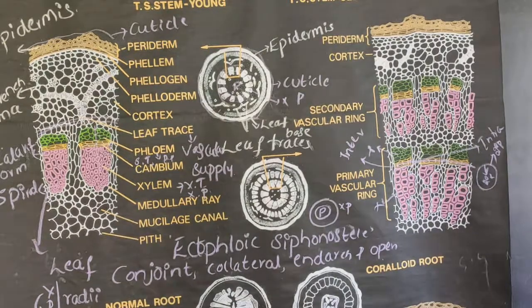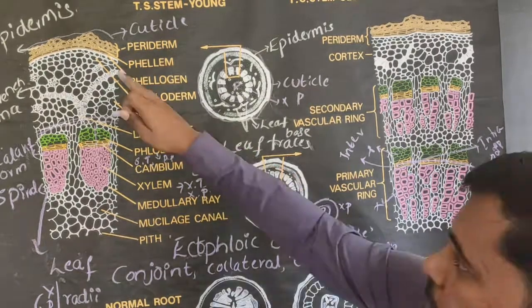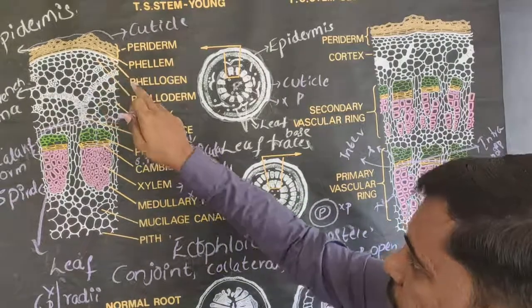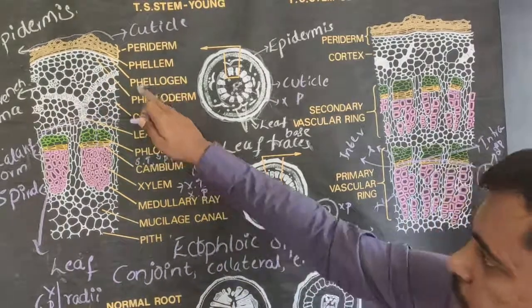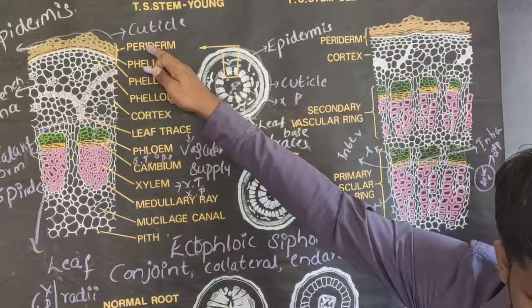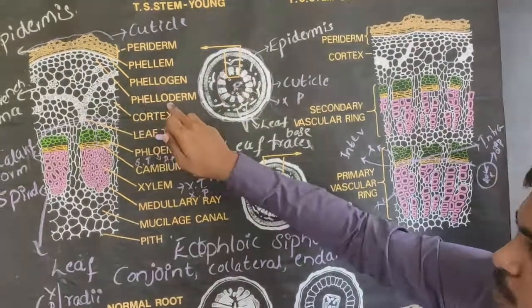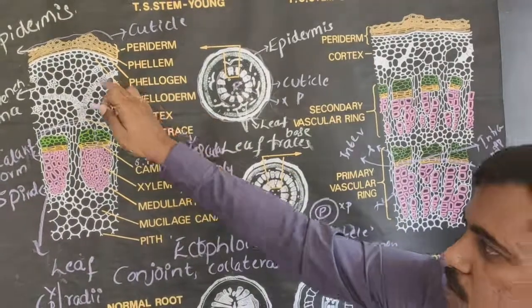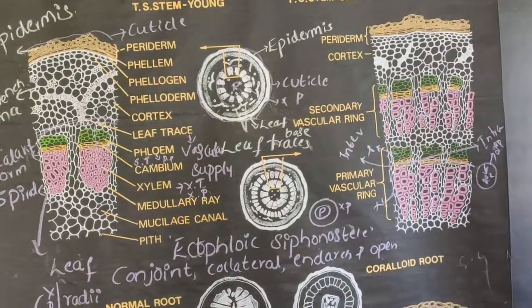So you can see here, the central layer is nothing but the cork cambium. Towards the outer side it produces the phellem, and towards the inner side it produces the phelloderm. This phelloderm is also known as secondary cortex.